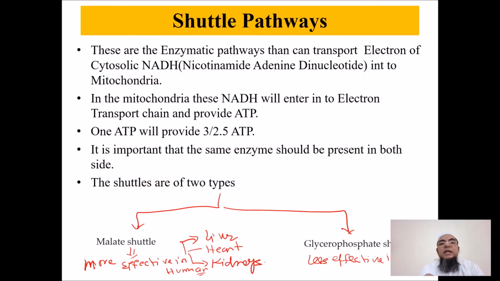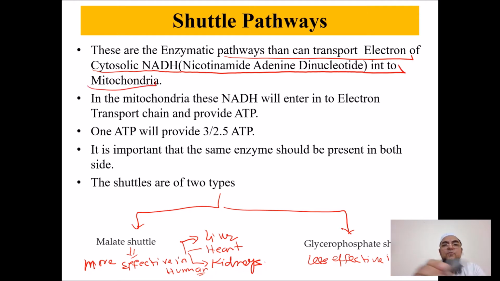These are the enzymatic pathways that can transport electrons of the cytosolic NADH, nicotinamide adenine dinucleotide, into the mitochondria. In the mitochondria, this NADH will enter into the electron transport chain and provide ATP.